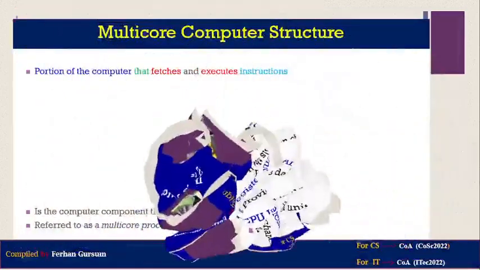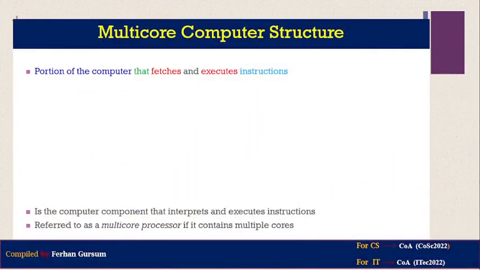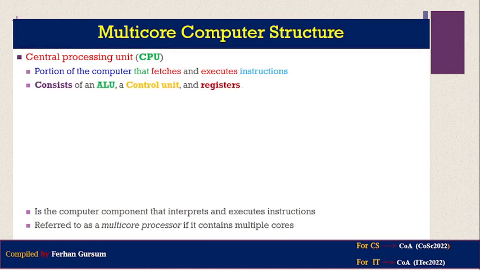When we come to multi-core computer structure, the central processing unit or CPU is the portion of the computer that fetches and executes instructions. It consists of what? An arithmetic logical unit, control unit, and registers. CPU contains these three things, okay?